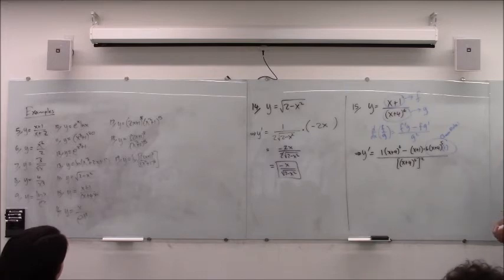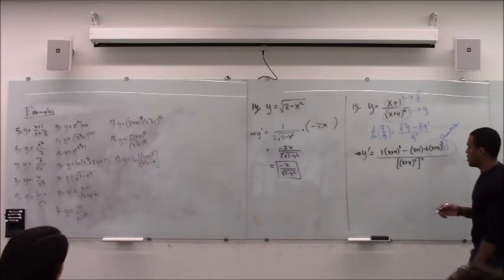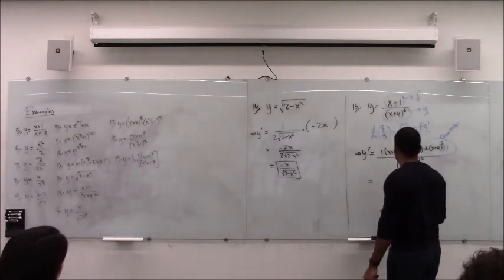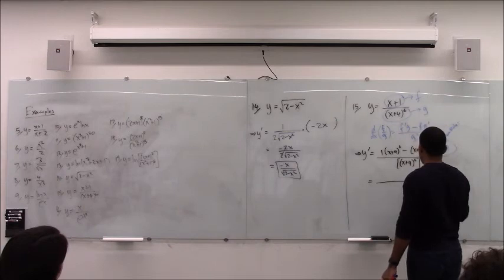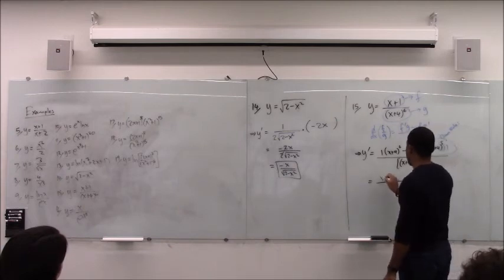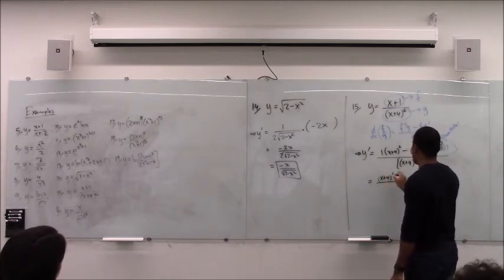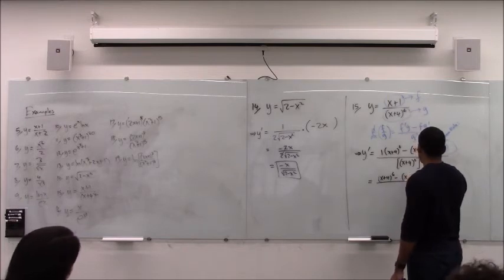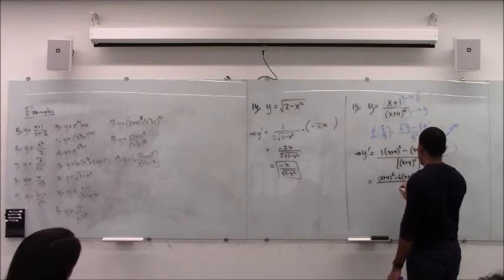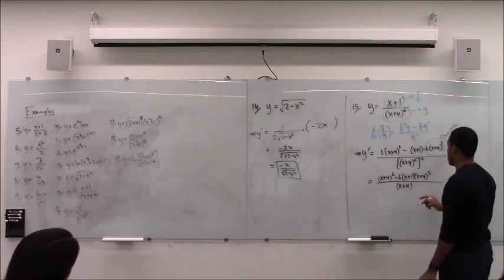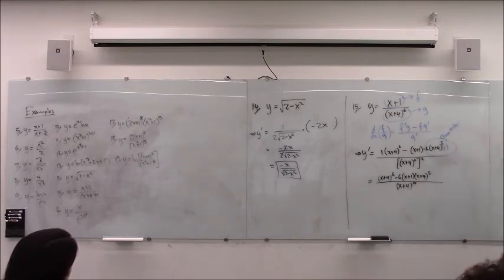Now at this point, we want to simplify a little bit. Notice what we have is (x plus 4) to the 6th minus 6 (x plus 1)(x plus 4) to the 5th, and on the bottom is (x plus 4) to the what? The 12th, so we know that we would multiply that. How do I simplify?